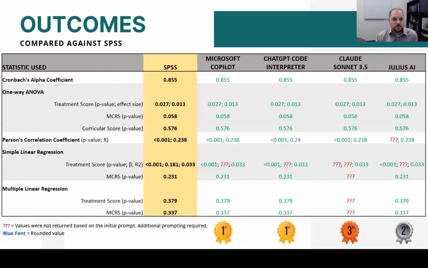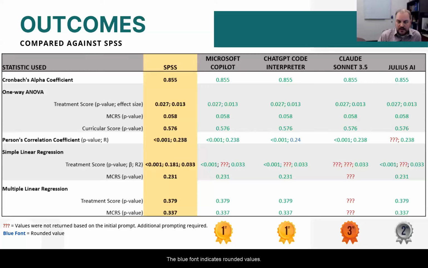All right, now onto the good stuff. Here are the outcomes for 4 of the 6 AI systems. So the yellow column here represents the baseline comparator, which again was the SPSS stats package system. And all of the green values indicate that the AI system's output was an exact match to the SPSS output.